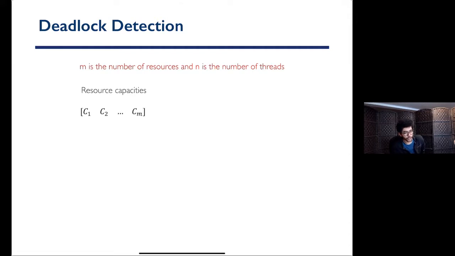So here I show you a vector of m elements because we have m different resources, and each one of them has a capacity. This is how many units of that resource we have. Then we also maintain a vector of free units per resource. So this shows us how many resources per type are currently not allocated and they're free and we can use them. So that's free resources, F.